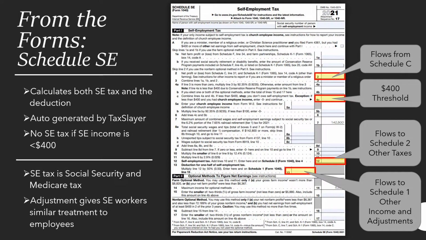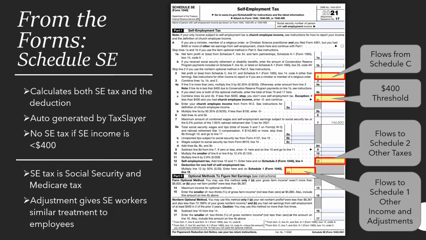So for self-employed individuals, they get an adjustment to income to also decrease their income that's reported by that employer's portion, even though they were the employer. So that makes everybody's reported income at a fair, level playing field.